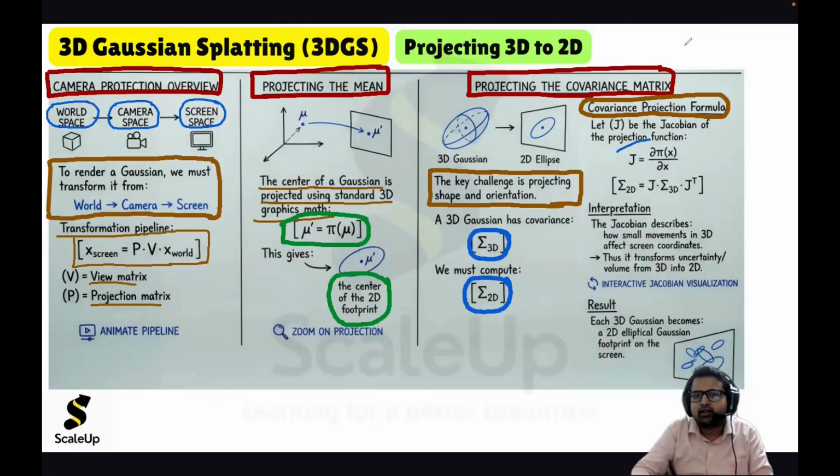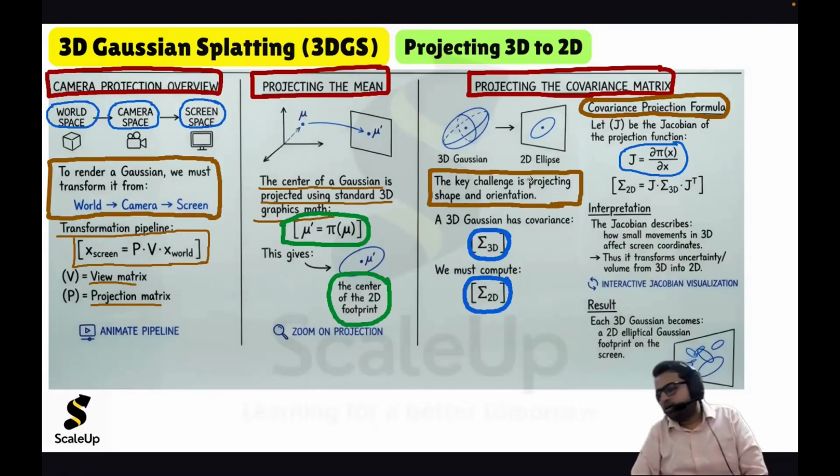Now, why do we make use of the Jacobian? Let us understand that. While projecting the shape and orientation, perspective will be a challenge, because if we don't consider the Jacobian, we might get the wrong perspective.